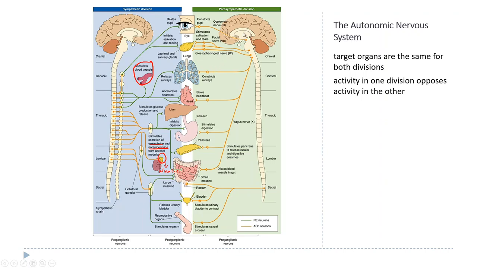Whereas the parasympathetic division triggers pupil constriction, which reduces the amount of light coming in, presumably because it's just not necessary in situations where the body is at rest.